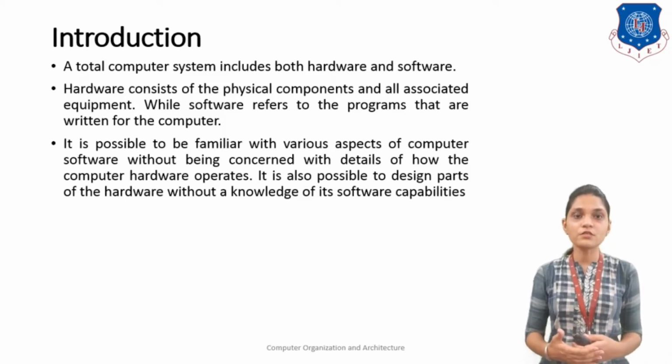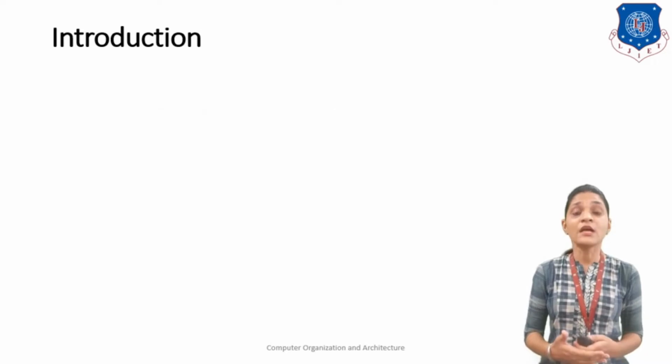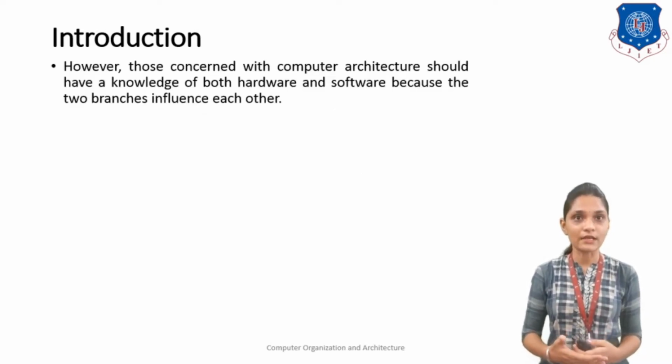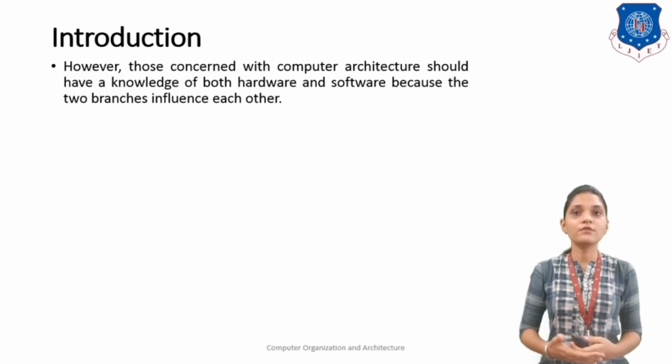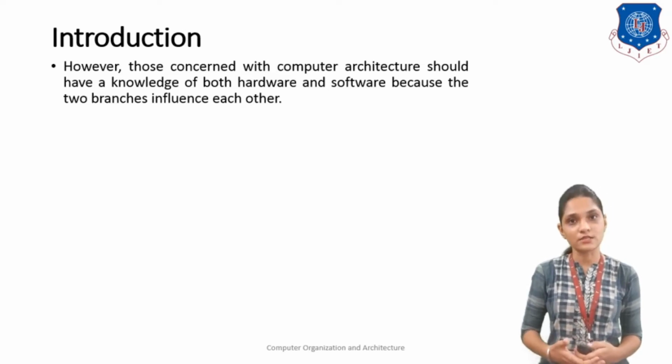It is also possible to design part of the hardware without knowledge of the software capability. But those who are concerned with computer architecture should have knowledge of both hardware and software, because these two branches influence each other.